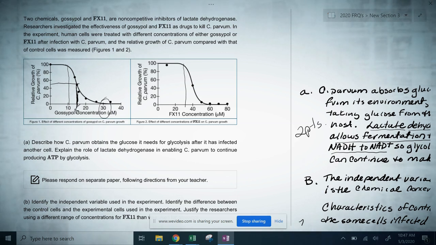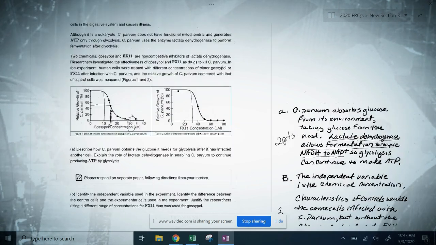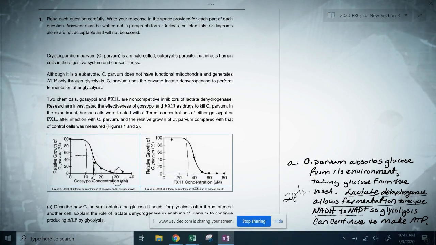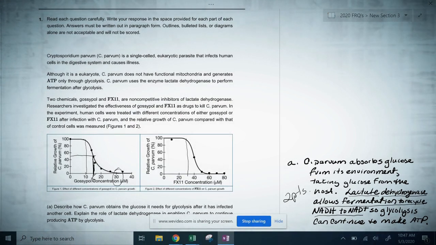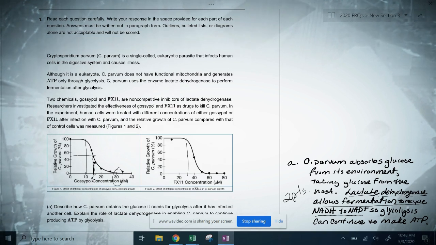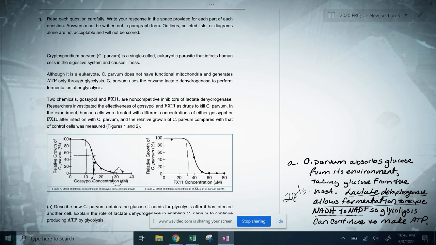All right, so this C. parvum, and I'm skipping a little. I do suggest that you read the entire question and not go straight to the question, because in the long run there's always something that you need. So it tells you it's a parasite that infects human cells in the digestive system and causes illness.